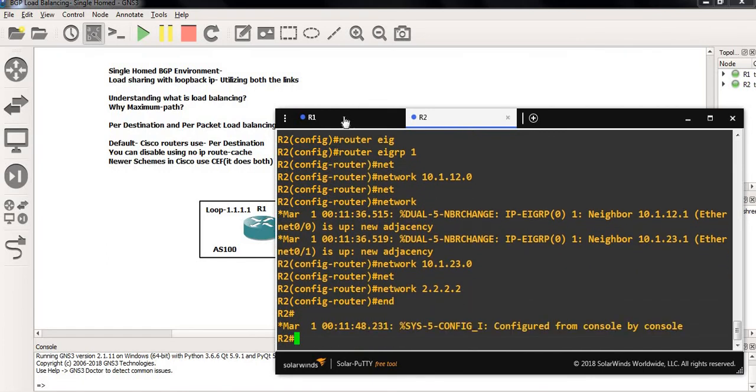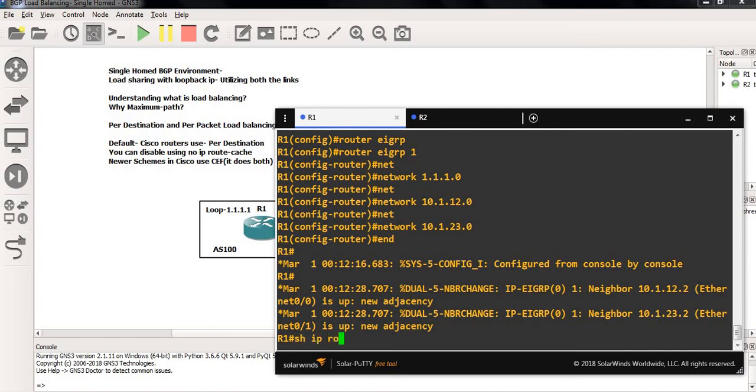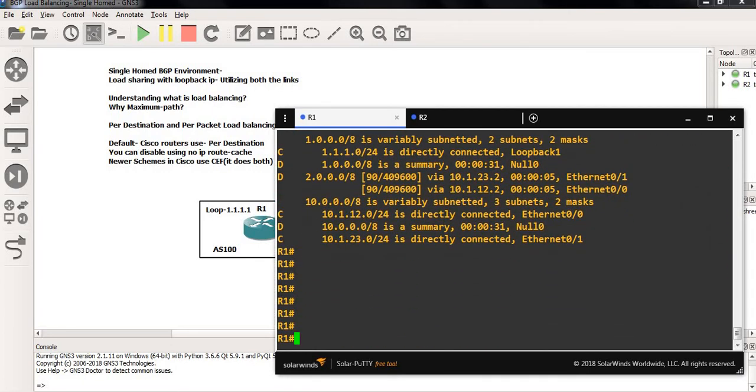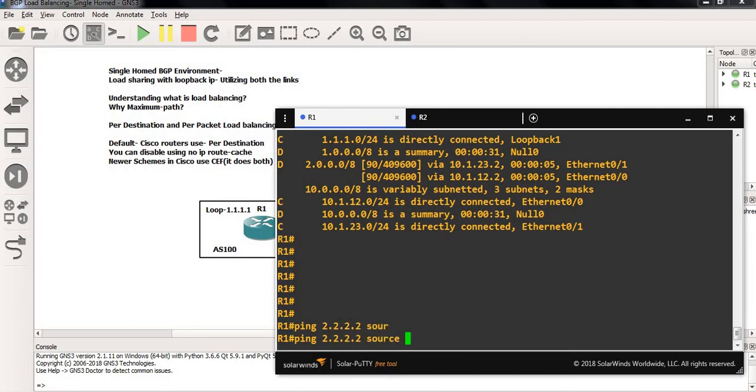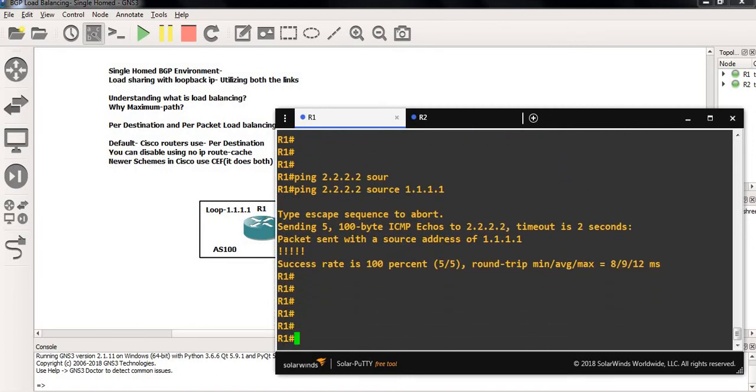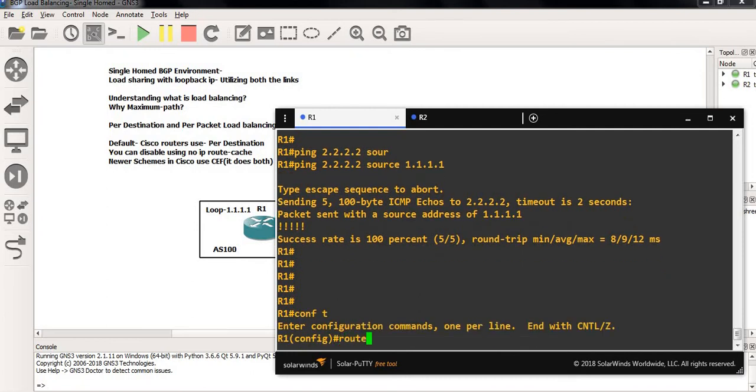And now we should see that I have the 2.2.2.2 network here in my topology. So I have the reachability from my source IP address of 1.1.1.1. Okay, so now I have the reachability to the 2.2.2.2 network. I'm good to configure the BGP now.